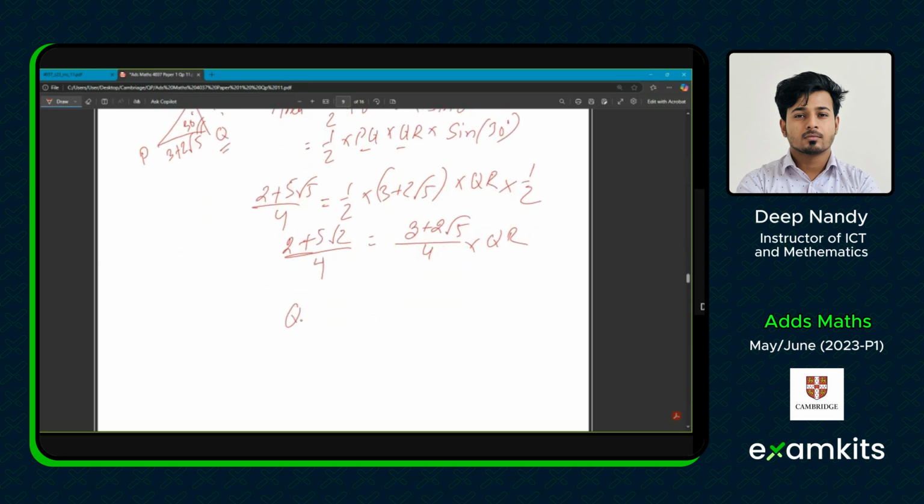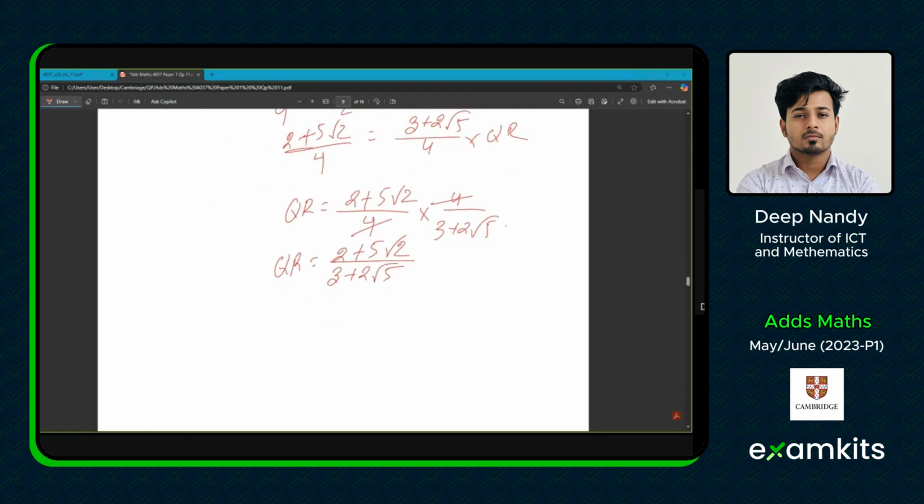Sending it there, QR equals (2 plus 5 root 2) by 4, and here the multiplication becomes division, so it is divided by (3 plus 2 root 5) and multiplied by 4. This 4 gets cancelled. QR equals (2 plus 5 root 2) divided by (3 plus 2 root 5). Now, it has been said that we need to find this in simplified form.